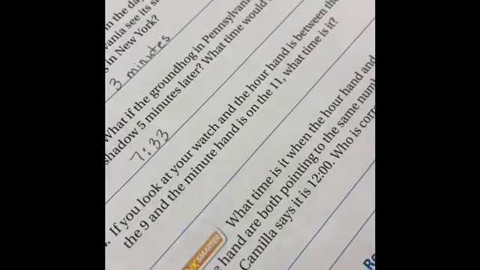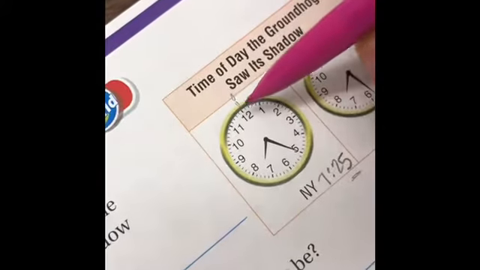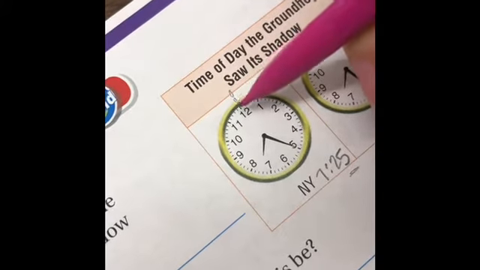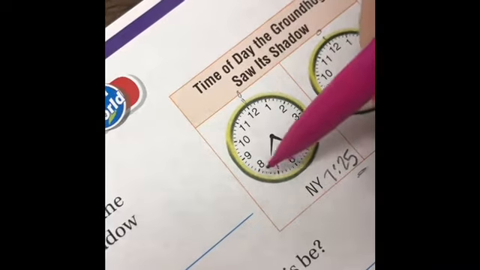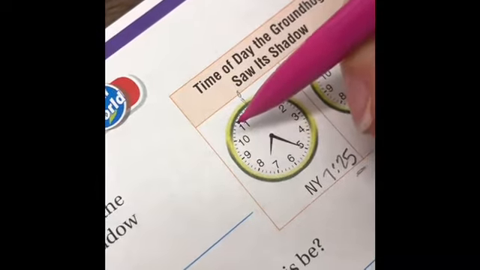Now, it says if you look at your watch and the hour hand is between the 8 and the 9, and the minute hand is on the 11, what time is it? So between the 8 and the 9 on a watch, it would be 8 o'clock, because it hasn't quite gotten to the 9 yet. And then if it's on the 11, we're just going to look up here at this clock. If it's on the 11, we'd count from the 12 is 0 and go 5, 10, 15, 20, 25, 30, 35, 40, 45, 50, 55.